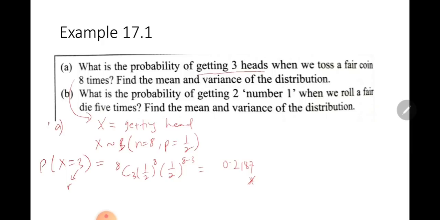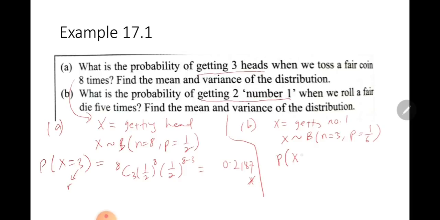Okay, now this is for A. For B, what is the probability of getting 2 number 1s? We can define X as getting number 1, when we roll a fair die 5 times. So X would follow binomial with n equals to 5, and what will your p be? Rolling a die, so 1/6. You want the probability of getting number 1 two times, so X equals to 2.